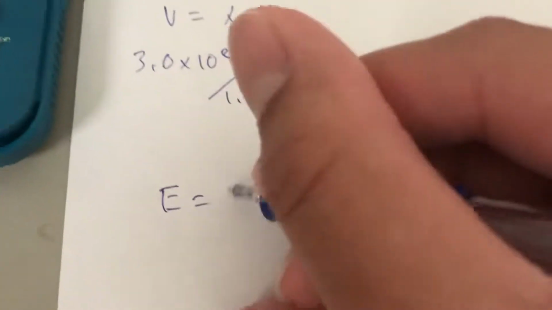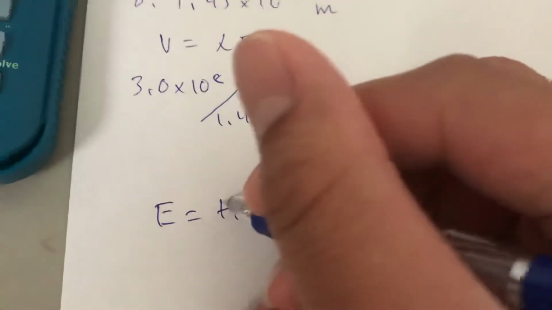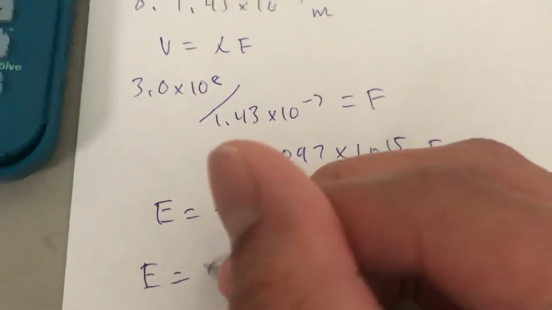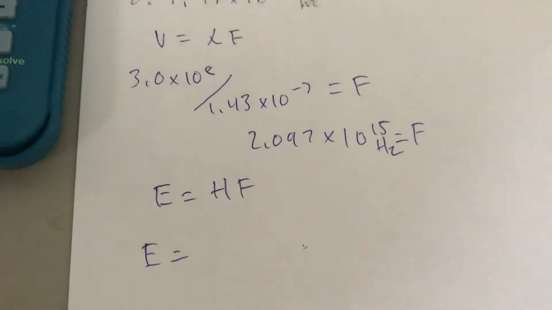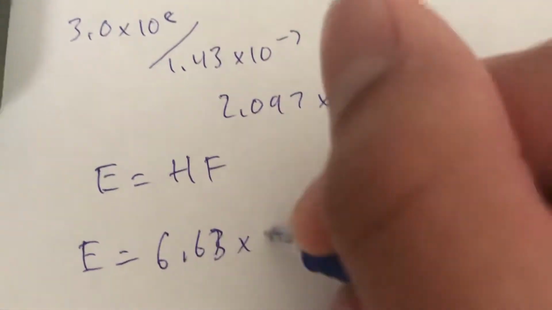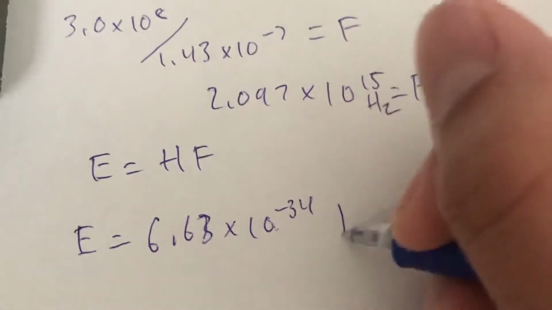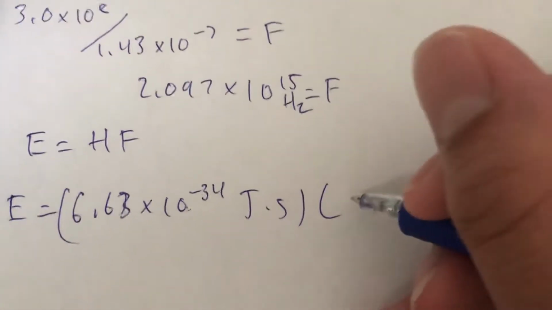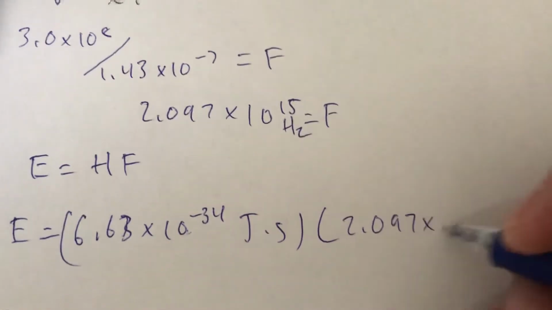And according to that, we can use E is equal to h times f. h is always a constant, Planck's constant, so E is equal to 6.63 times 10 to the negative 34, multiplied by our earlier frequency, which is 2.097 times 10 to the 15th.